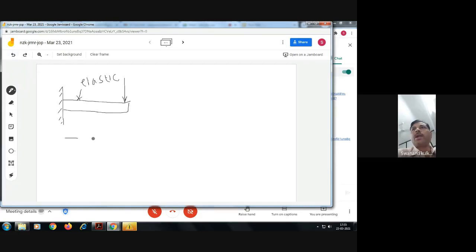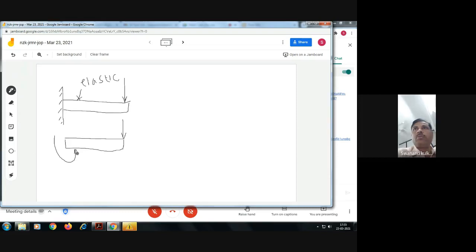Suppose we are trying to analyze the force. So this is our cantilever beam, and this force is applied here. This force we are going to keep as it is, as shown here. Then this support we will change with two arrows.